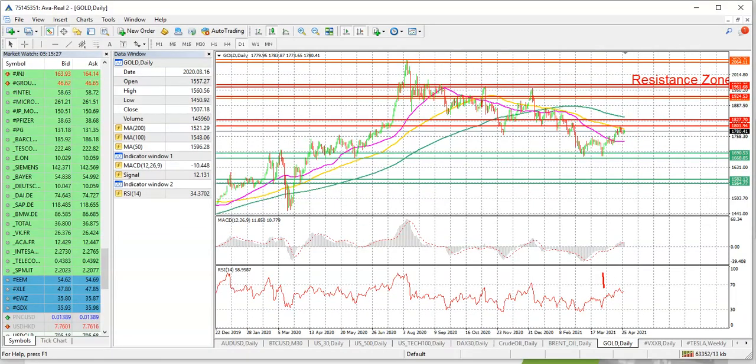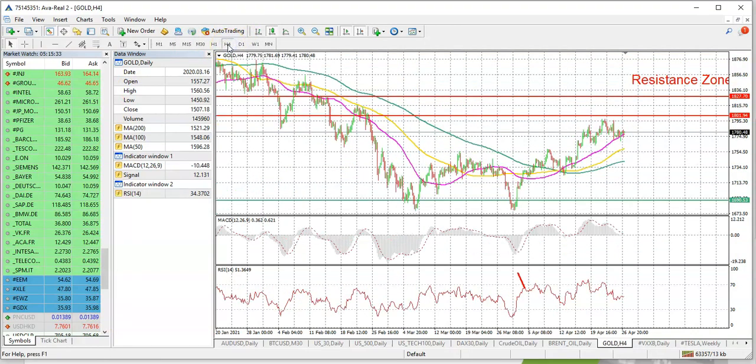Now, of course, the big question is: are we going to continue to see this move to the upside? The answer is going to come from the 4-hour time frame, right over here.